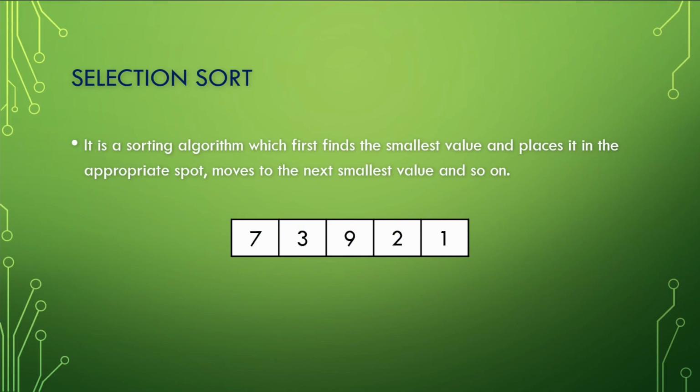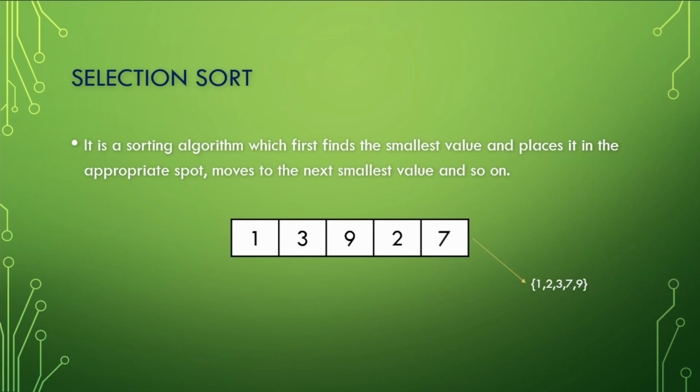So here's the same example array as before. We have a variable which checks for the smallest value within the array. So 3 is less than 7, so we set that as the smallest. 9 is not less than, 2 is less than, so we set that to the smallest, and then we go to 1. 1 is the smallest, and since 1 is the smallest, all we need to do is swap the first element with 1, and there we go, the smallest value is in the correct spot.